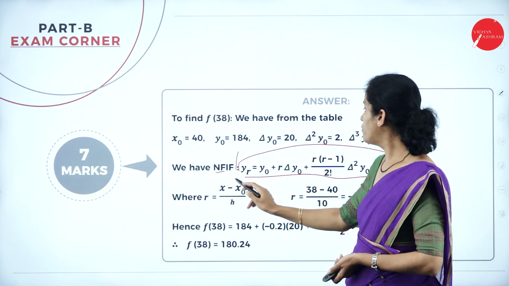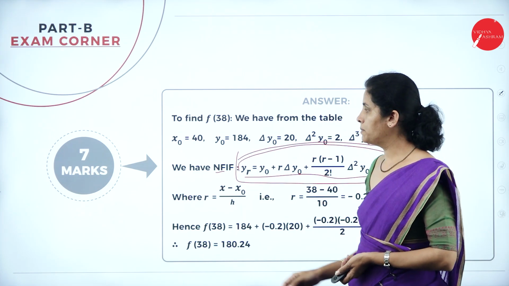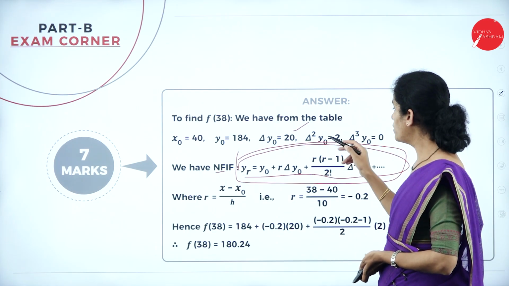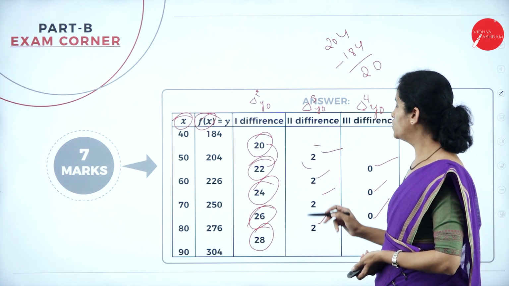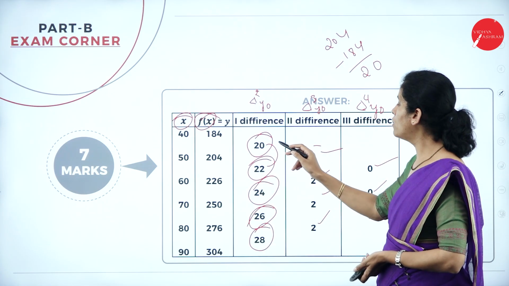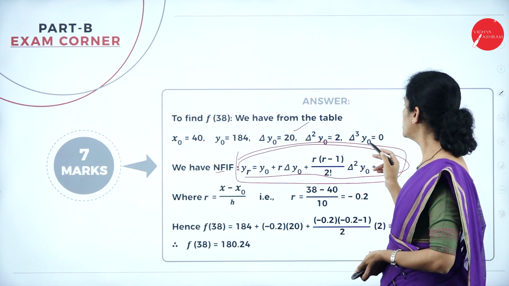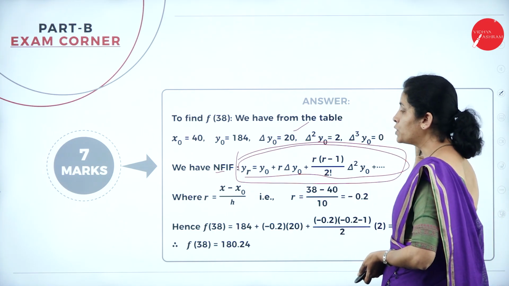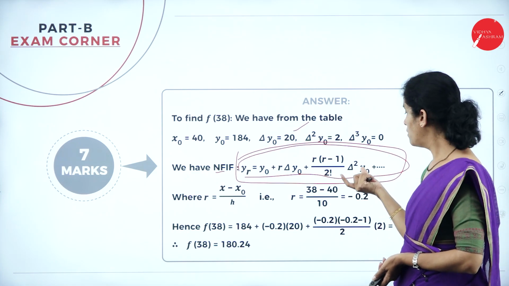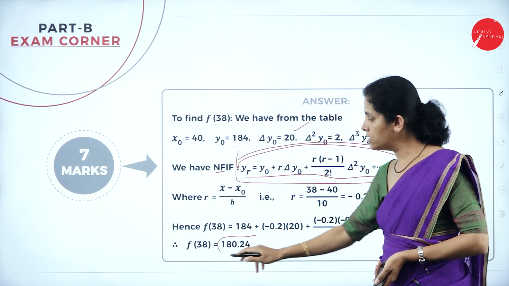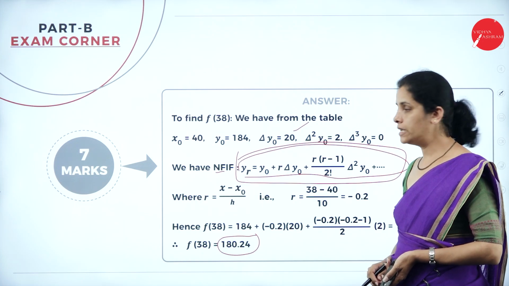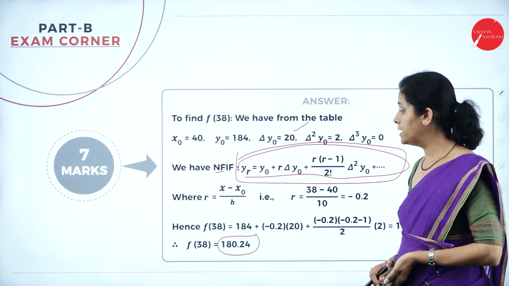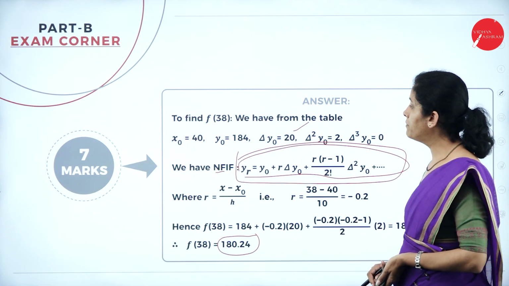This is the formula you have to remember and you have to write the values. Delta y naught is 20, delta square y naught is 2, delta cube y naught is 0. Now, substitute all the values in this formula. The answer for f of 38 is 180.24.